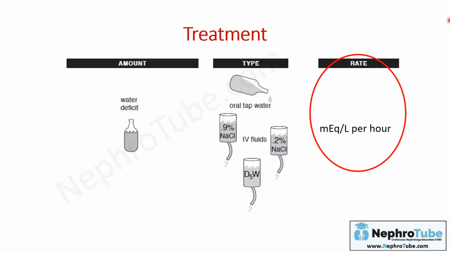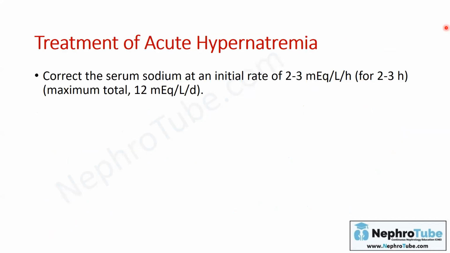To answer this question, we have to talk first about the rate of correction. And again, this will depend on whether the hypernatremia is acute or chronic. As we mentioned, in hyponatremia, there is a difference in the rate of correction between acute and chronic cases.